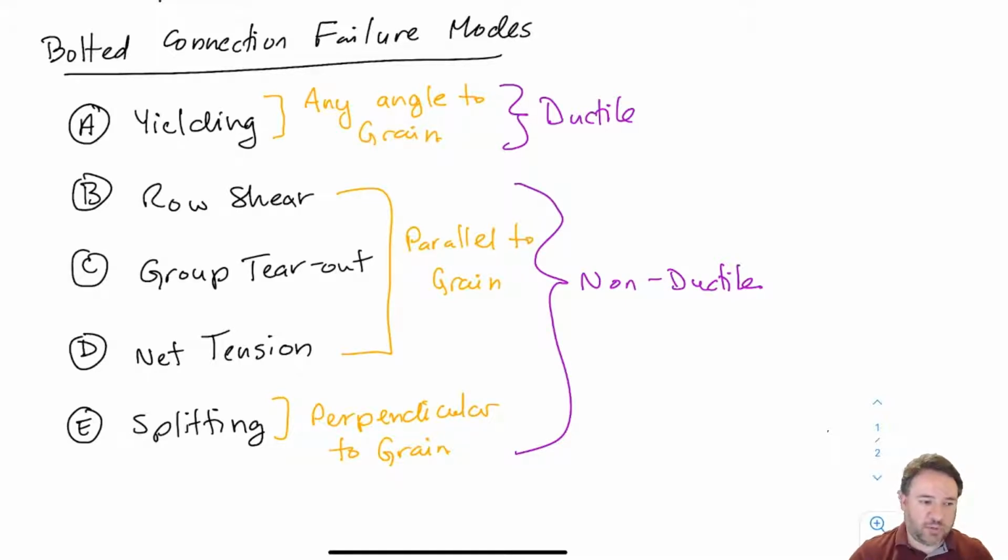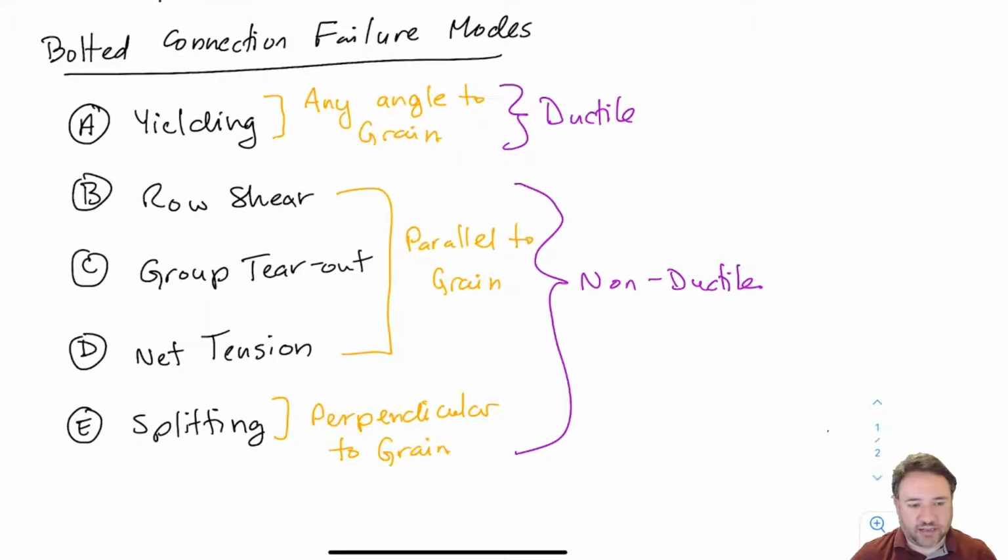So this is the only perpendicular to grain strength check that we have in the standard for bolted connections for wood, and it is very weak, and we're going to see how to do that. So all of those B through E, all of those wood failure modes, which don't have anything to do with the strength of the bolt, those are all non-ductile failure modes, because when wood fails and pulls out a plug or pulls out a chunk or fails across the cross section or splits perpendicular to grain, those are immediate failures.